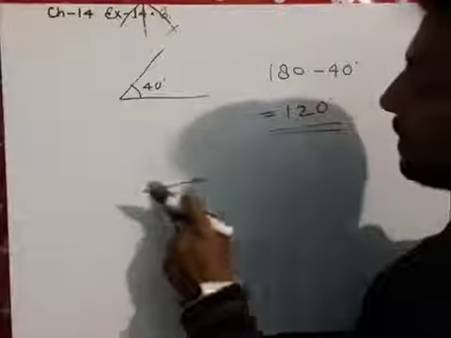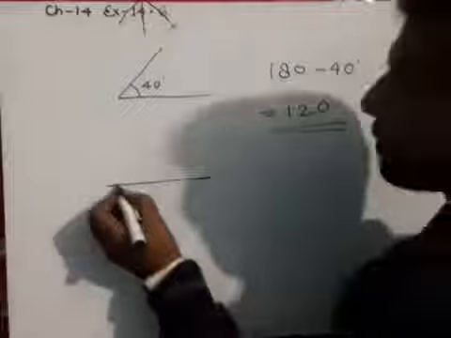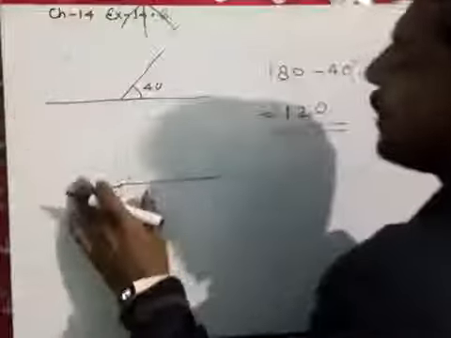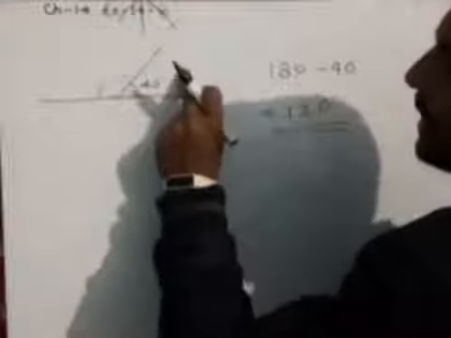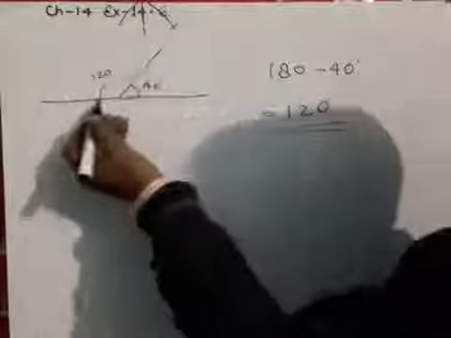So here what we have to do? Again we have to take one line segment. Otherwise, because the question says copy, you can take this portion, because the sum will be 180, and here 40 is taken, so the remainder is the supplement. Now we have to copy this angle.